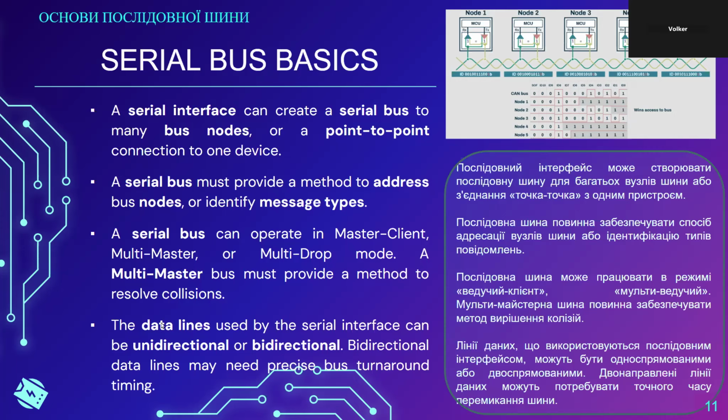The data lines used by the serial interface can be unidirectional or bidirectional. Bidirectional data lines may need precise bus turnaround timing. This is the issue. We talked in a previous slide about two dominant states. This is possible on single-ended interfaces, but also in differential drivers, that both states, 0 and 1, can be dominant.